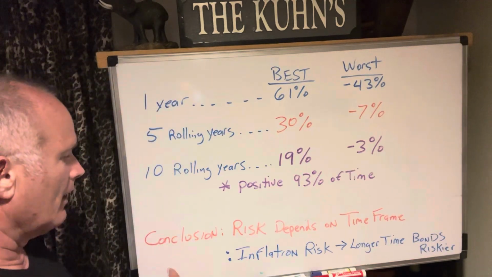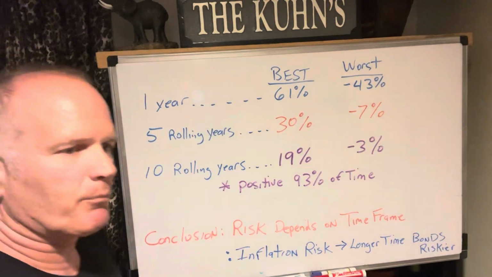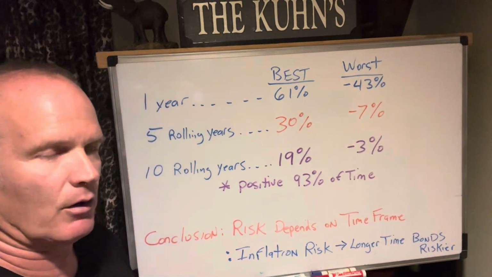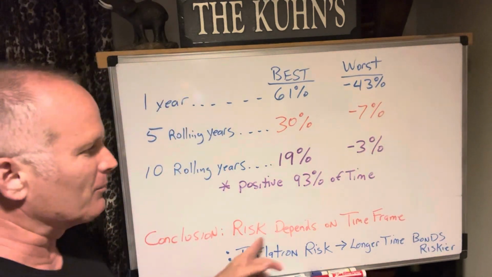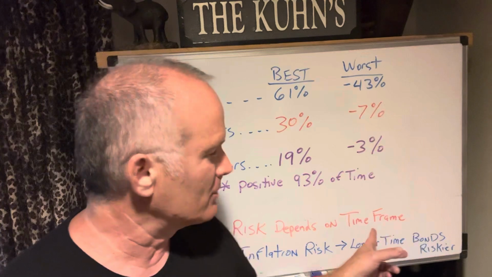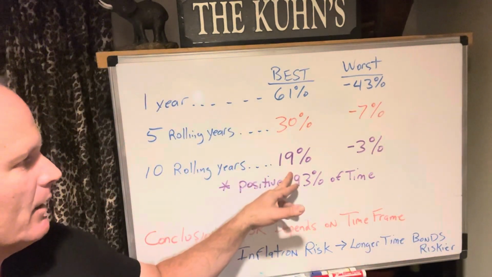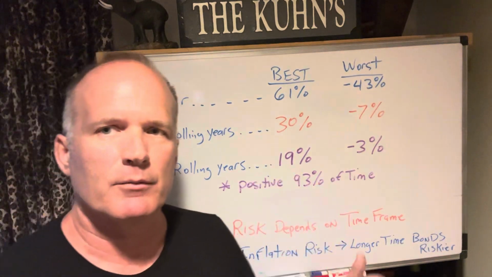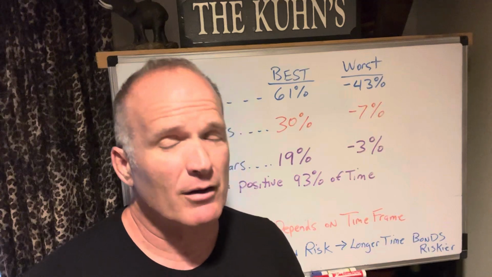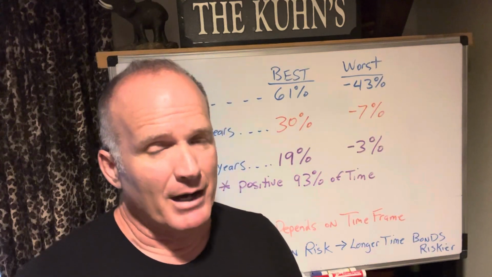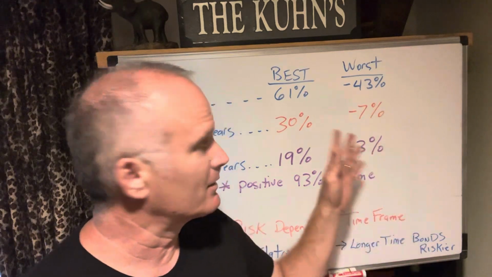So, in answering this question from a viewer, return per unit of risk, it really depends on your time frame. The longer period that you keep it, the lower your risk becomes. And this is why when I look at the stock market, money that I need in less than 7 years, I don't have in the stock market.